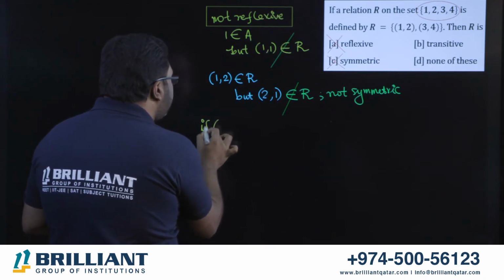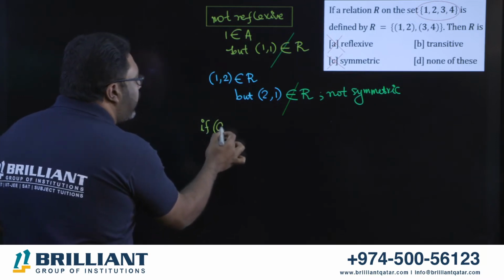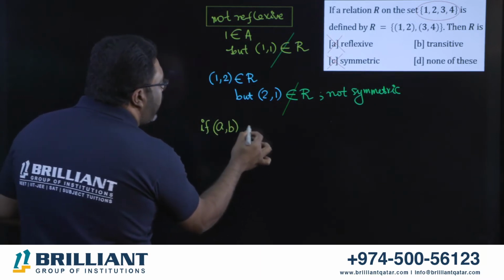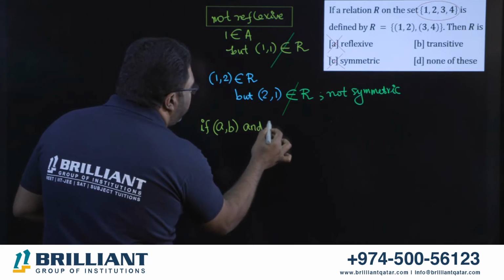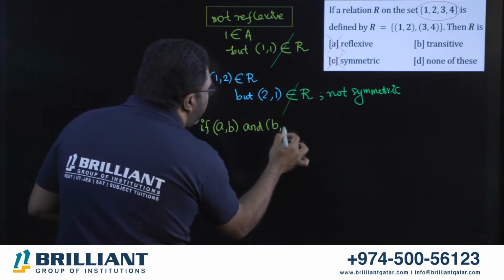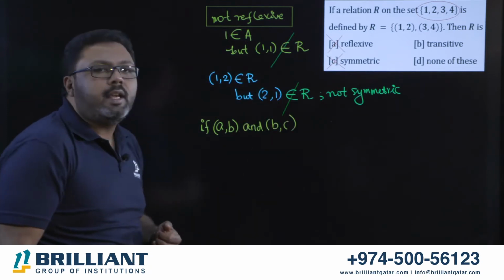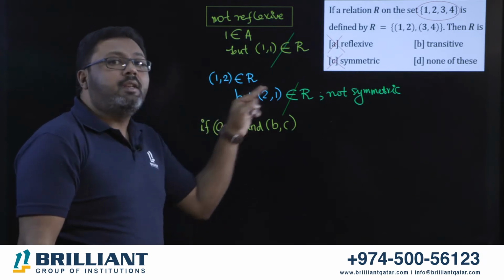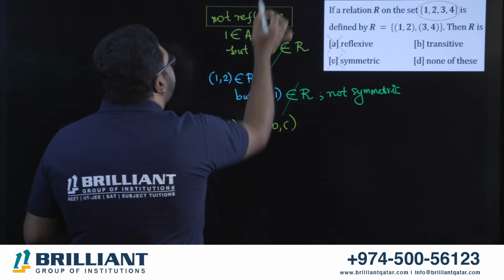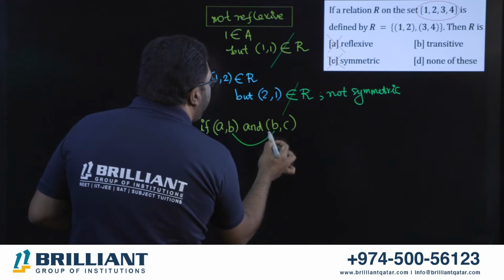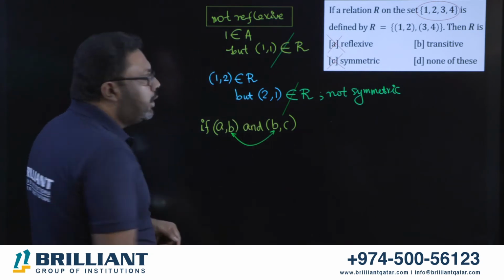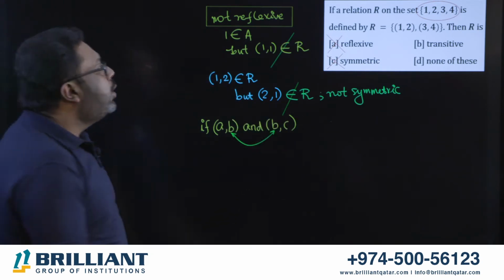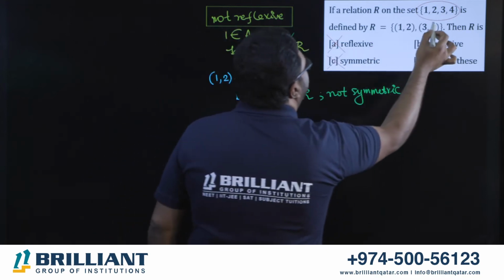If I have an ordered pair A, B and an ordered pair which starts with B going to another element called C, A to B and B to C, the most important thing about being transitive is that these two elements should be equal. Look at the pairs given in the question.